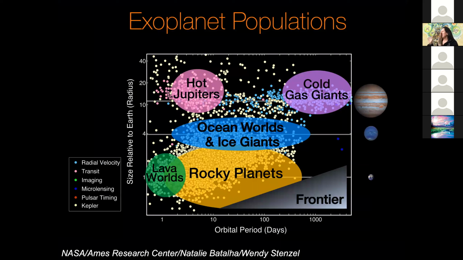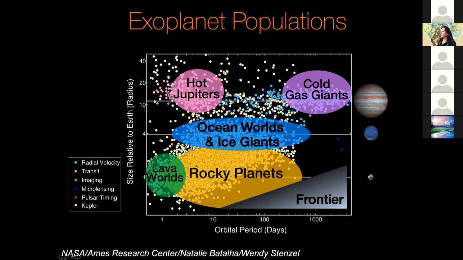So this is the newest version of this plot, size relative to Earth as a function of the orbital period in days. When you read exoplanet papers now, they already have their jargon, and their jargon comes from the location of these planets in this diagram.